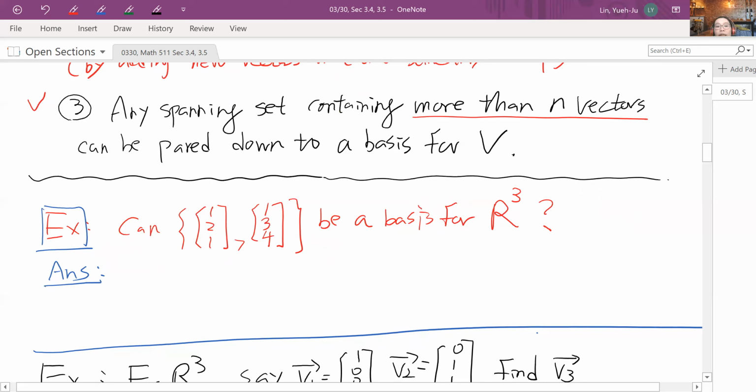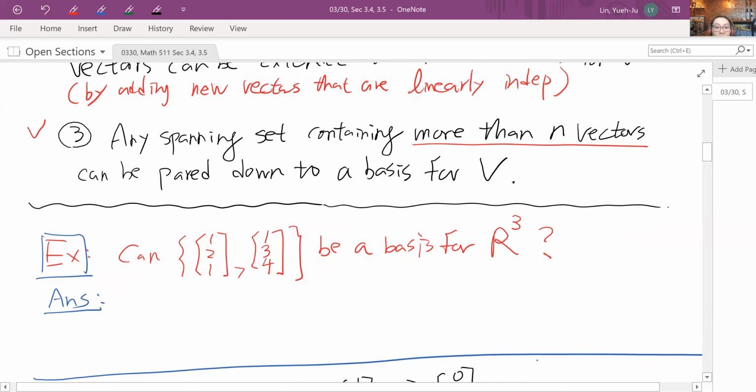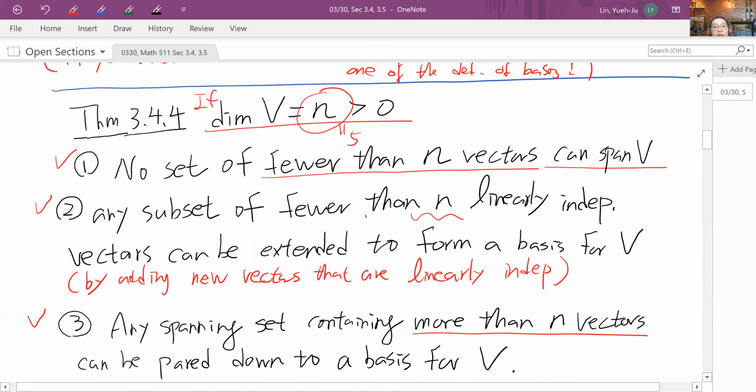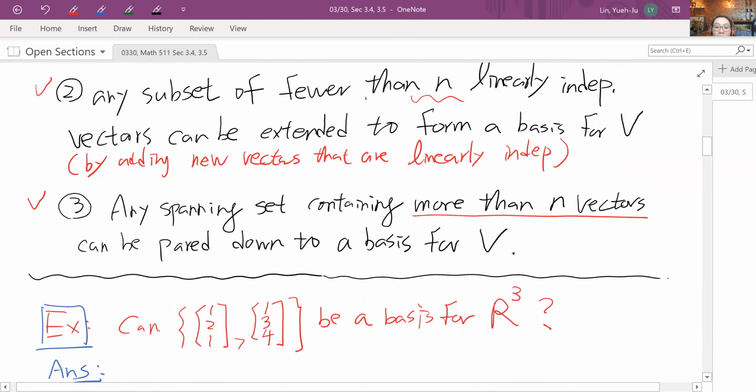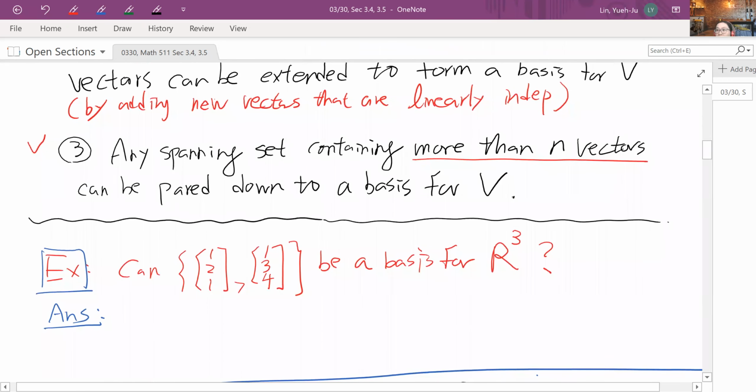Now we can really say, no, it can't be. The first statement here tells us that I already know the dimension of R3 is 3, and no set of fewer than 3 vectors can span the whole thing. So 2 of them cannot span the whole R3.